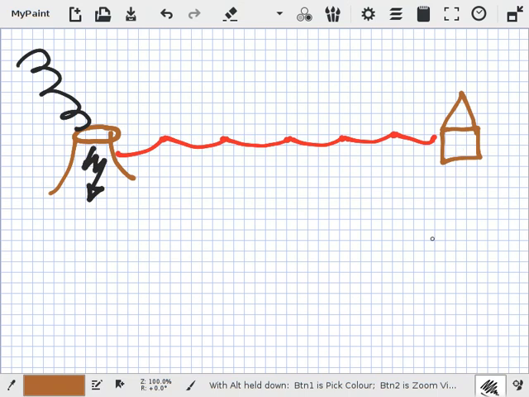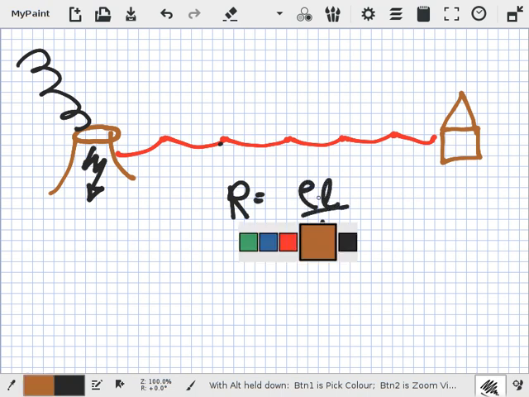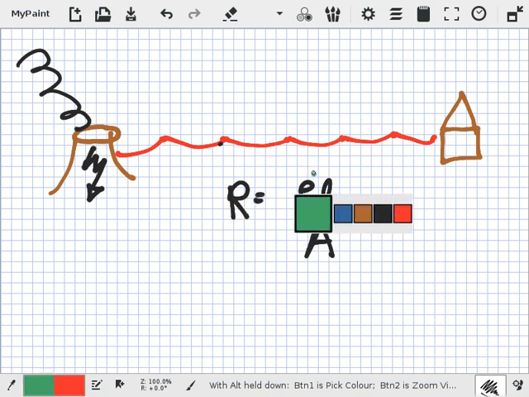That's a house. Now, you understand, of course, that there's a resistance in the wire. This is like a large resistor. You have a formula for how much resistance there is. It's R equals rho L over A. Now, this is because of the material.